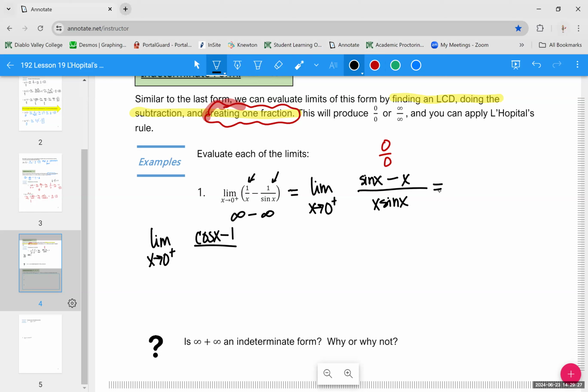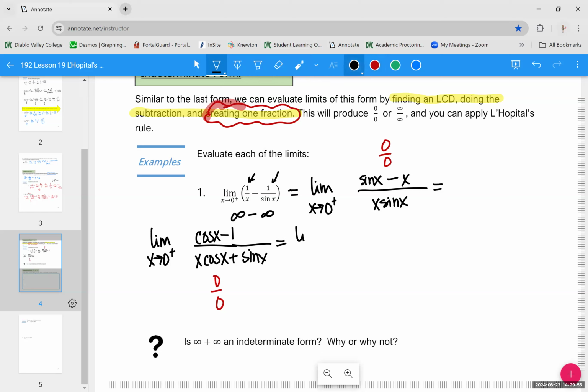I'm going to need a product rule for my derivative of the bottom. And try direct substitution again. Okay, so cosine of 0 is 1. 1 minus 1 is 0. X times cosine of x will also give me a 0 since x is approaching 0, and sine x will give me a 0. So I am stuck here at 0 over 0 again.